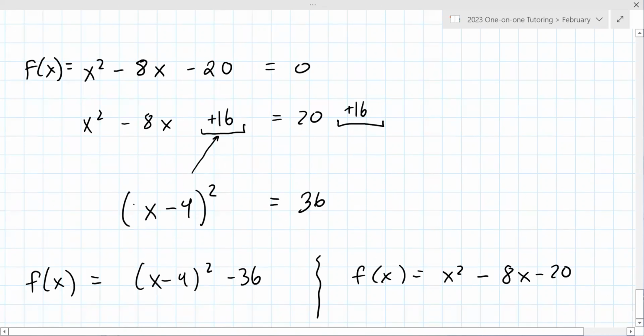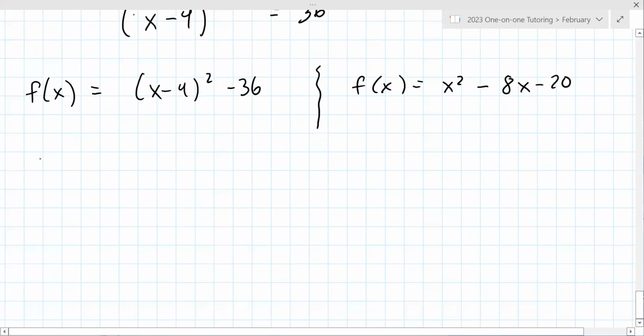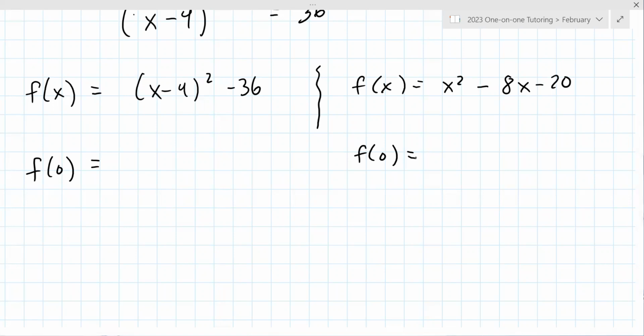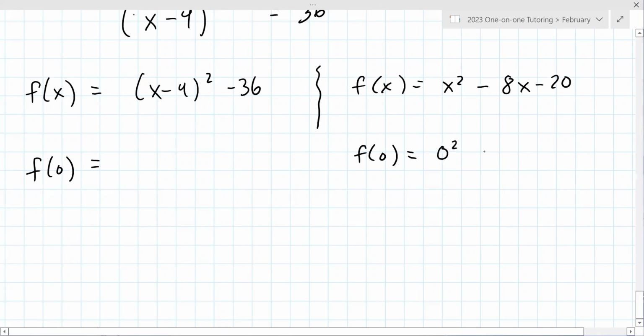Now the first thing that they keep asking for is f of 0. So which equation are you going to use for f of 0? Can you calculate f of 0 for me on this one? Yeah, I'll try. You're putting 0 in for x.